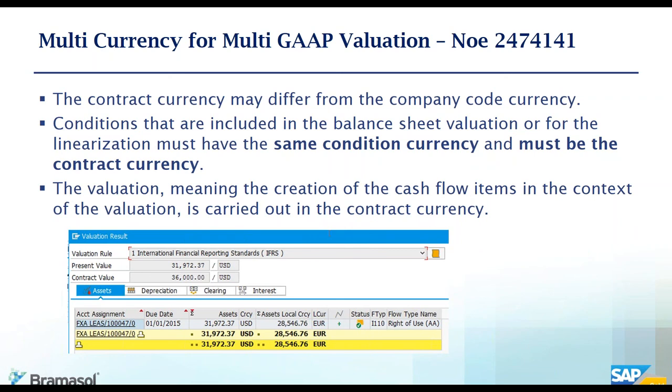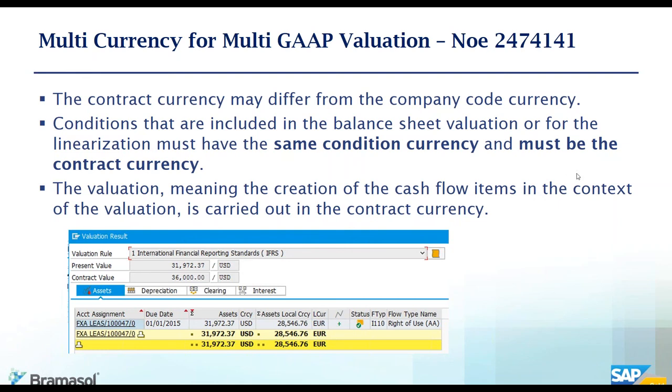All right, so let's talk about multi-currency. As we worked with this through our innovation customers, these are very sophisticated, larger companies, and they said, we have contracts that are in different currencies than our company code currency and that are different than our group currencies. And we need to be able to calculate the valuation for our company code and group currencies.